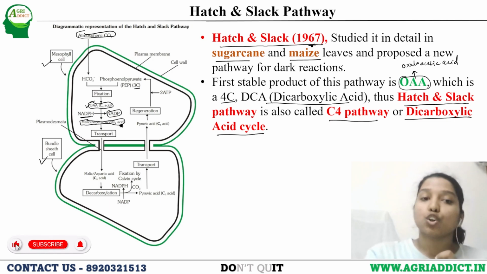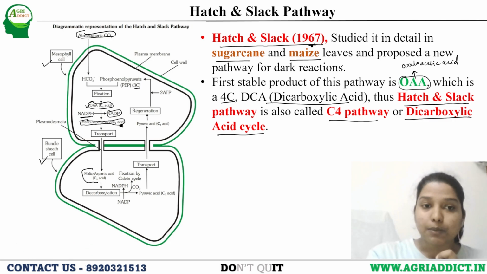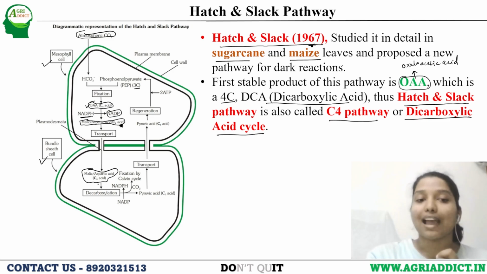So this malic acid or aspartic acid is getting transported in bundle sheath cells. Now this malic acid and aspartic acid is going for decarboxylation, means what will happen? They'll release carbon dioxide. So here this NADP we produced will be utilized and will produce NADPH2, and this will lead to the decarboxylation.